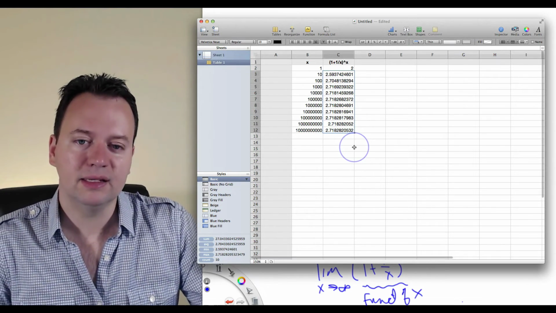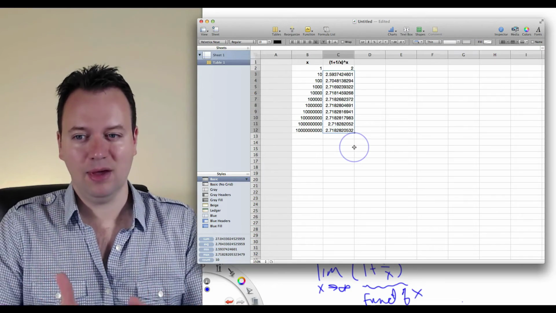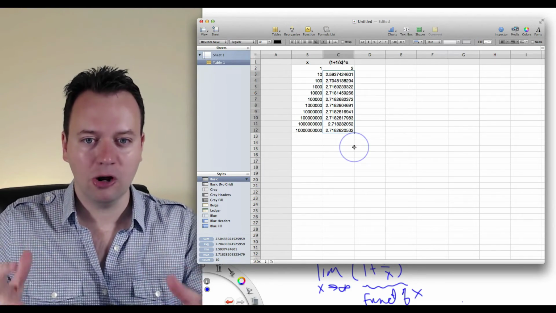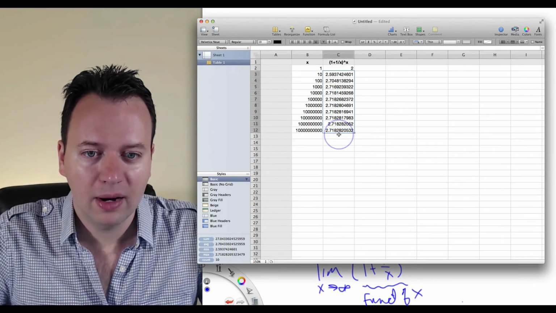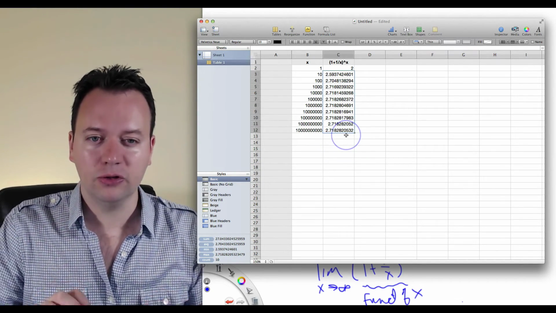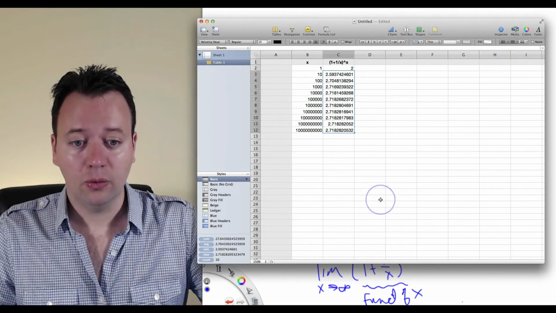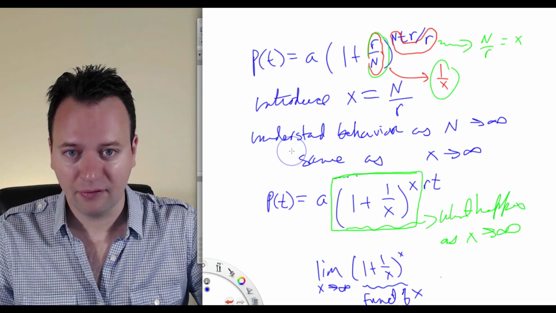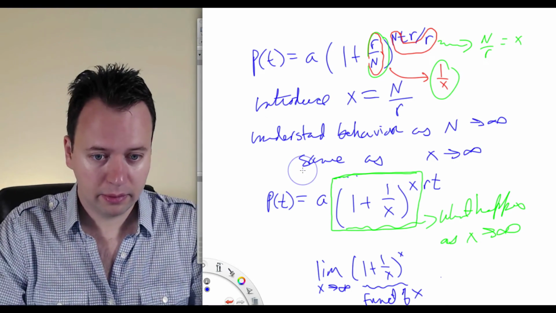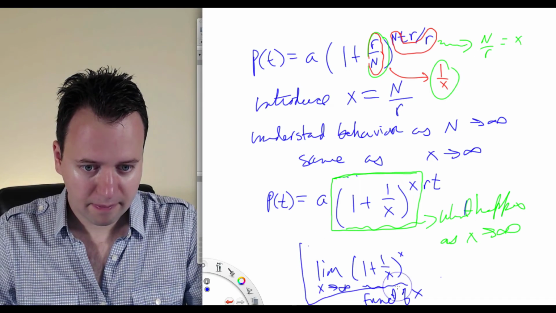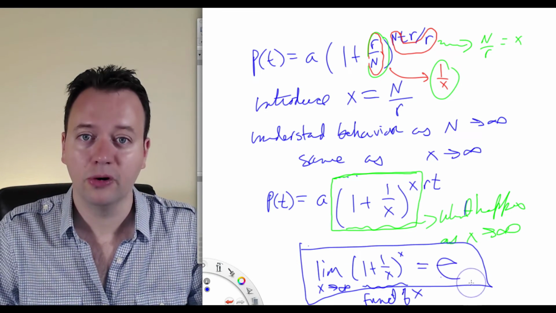So we see that this number, this 1 plus 1 over x to the power x, is not becoming arbitrarily large. It's not getting larger and larger and larger. It's leveling off at 2.71828. And it's getting closer and closer to this number that we call e. So we can literally say that this limit is the definition of e.